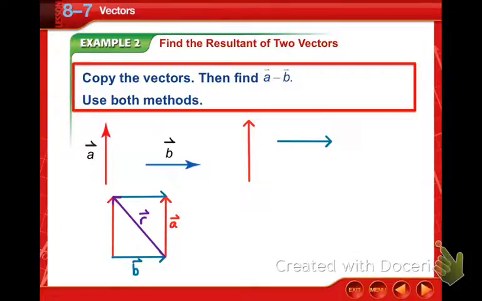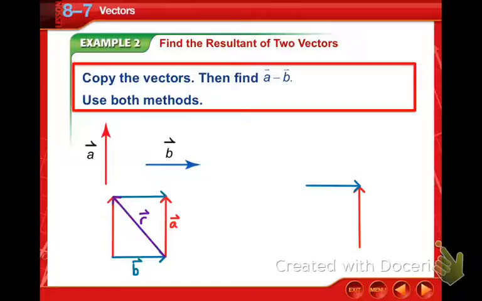So for the triangle method, you start with your first vector again. And then instead of doing head to tail like it says to in the triangle method, what we're going to do is put our heads together like that.